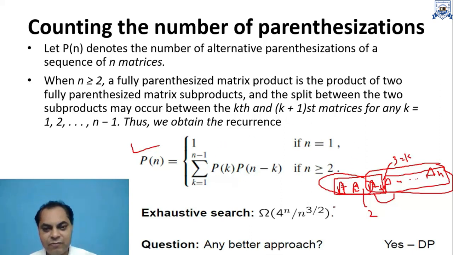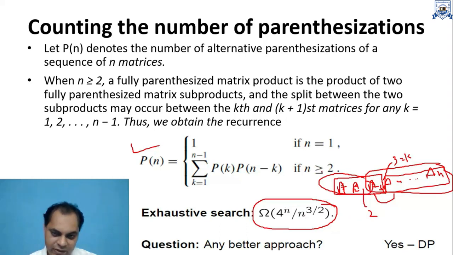In exhaustive search, the total number of multiplications grows exponentially, on the order of 4 to the power n by n to the power 3 by 2. Now, fortunately, we have a better approach, that is dynamic programming.